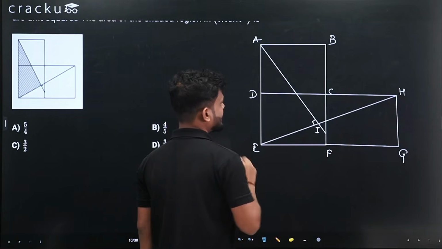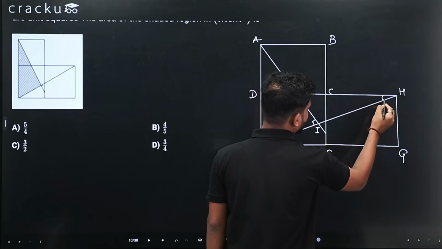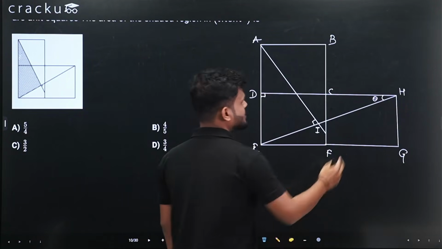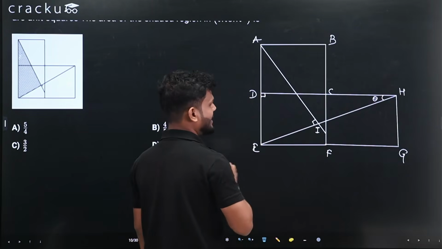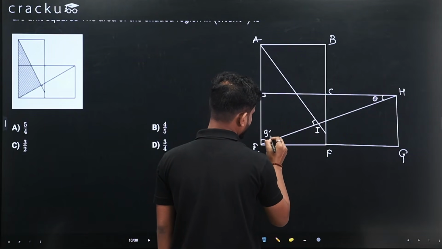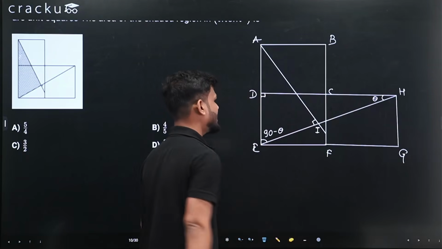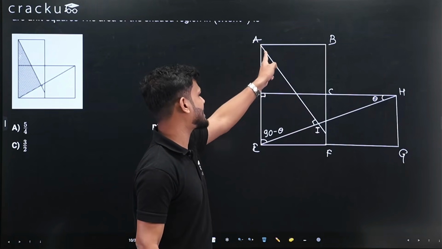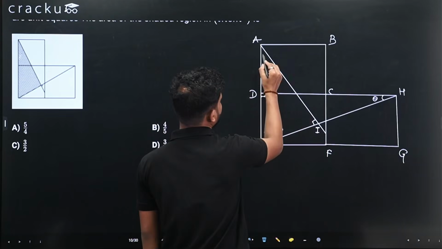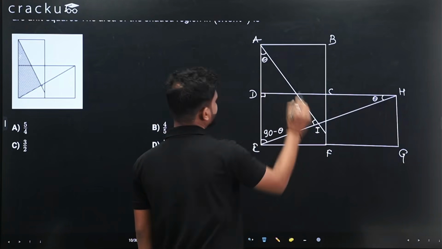Now if you see, if I assume this angle as theta, I know this is 90 degrees. So in triangle HDE, this is 90, this is theta. So this will be 90 minus theta. Correct? Now in right angled triangle AIE, this is 90, this is 90 minus theta. This will be theta.